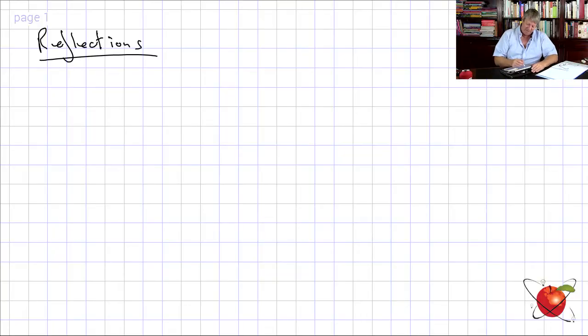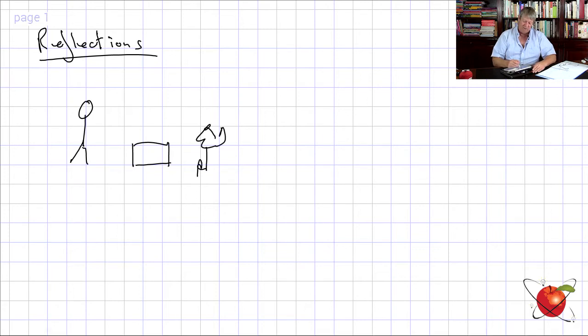So let's say I have me, maybe I have a box, and let us say we've got a pot plant over there. And we put a mirror over here. These are the objects. Where do I see the pot plant?